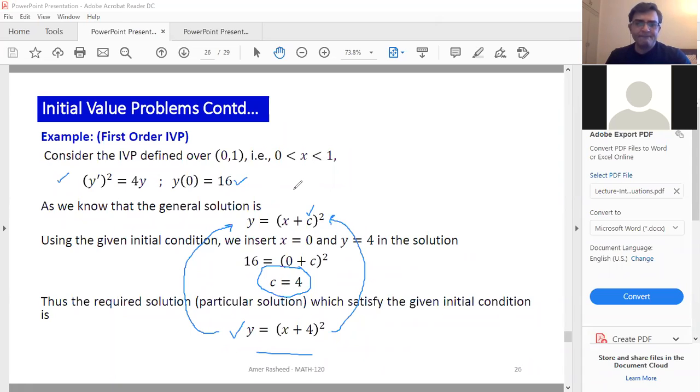You can interpret two solutions, and then you choose the solution which satisfies all the other conditions of the differential equation. For example, x must be between 0 and 1, and this condition must also be satisfied here. You can have the other solution as well. I hope that answers the question. If you have any further question, you can ask me.